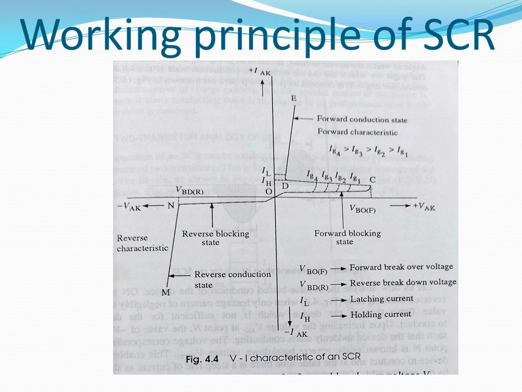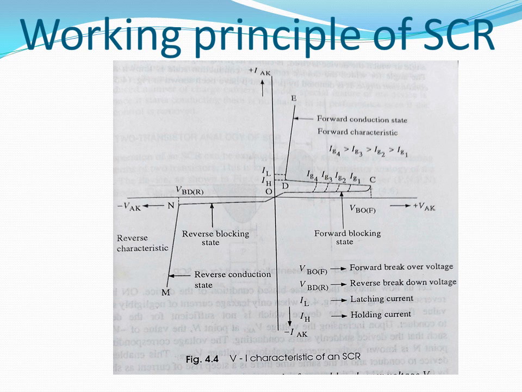By increasing the voltage to a particular value, that is breakdown voltage VBDR, the depletion layer at J1 and J3 will vanish, and the reverse bias junctions J1 and J3 will thus disappear, and already the junction J2 being forward biased, so the SCR will start conducting. So this state is the reverse conduction state of SCR.